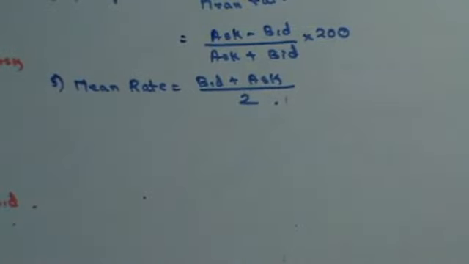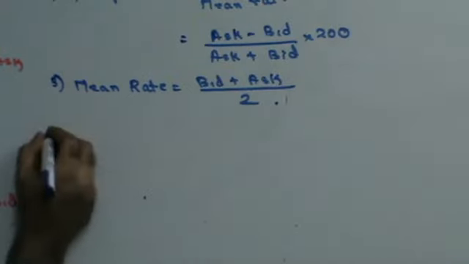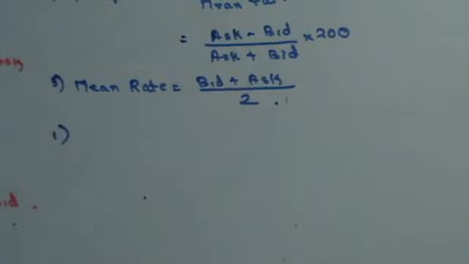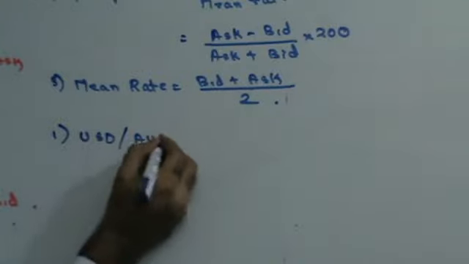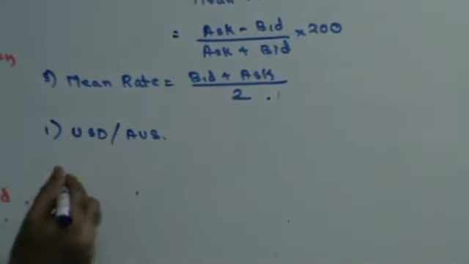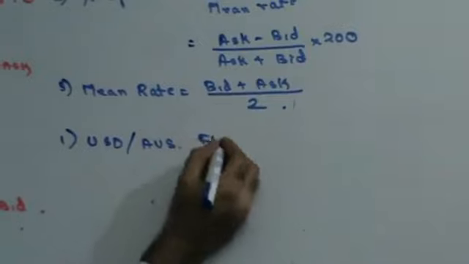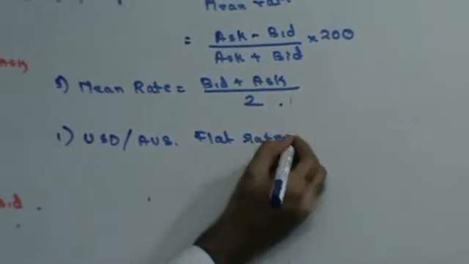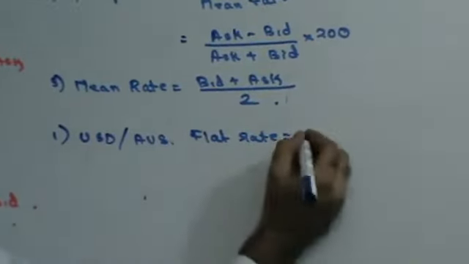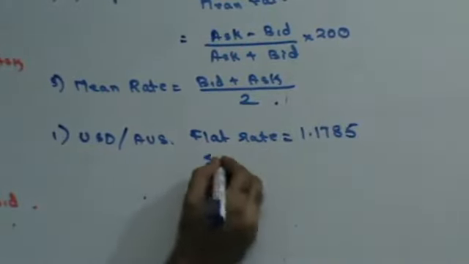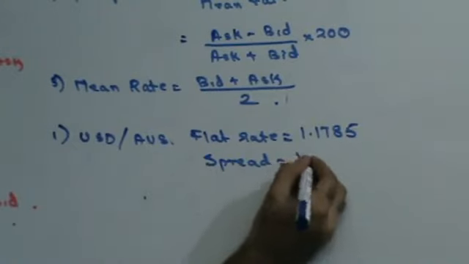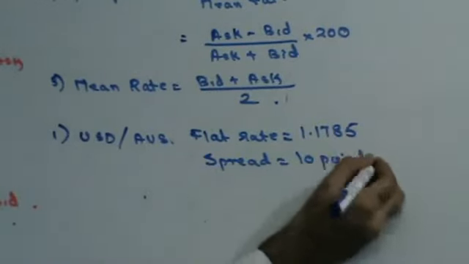Let's see a sum based on percentage spread. For example, if they tell you that, let's see a sum, they've given you that US dollar, Australian dollar, flat rate is given to you as 1.1785 and spread is given to you as 10 points.